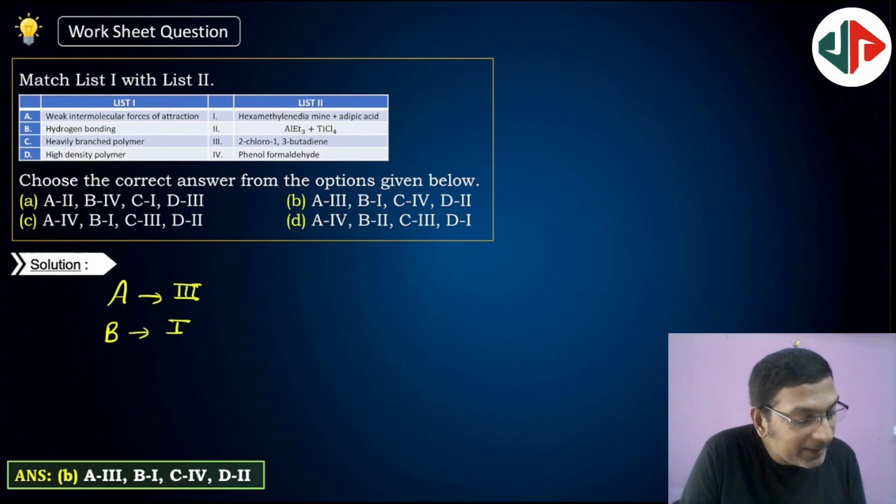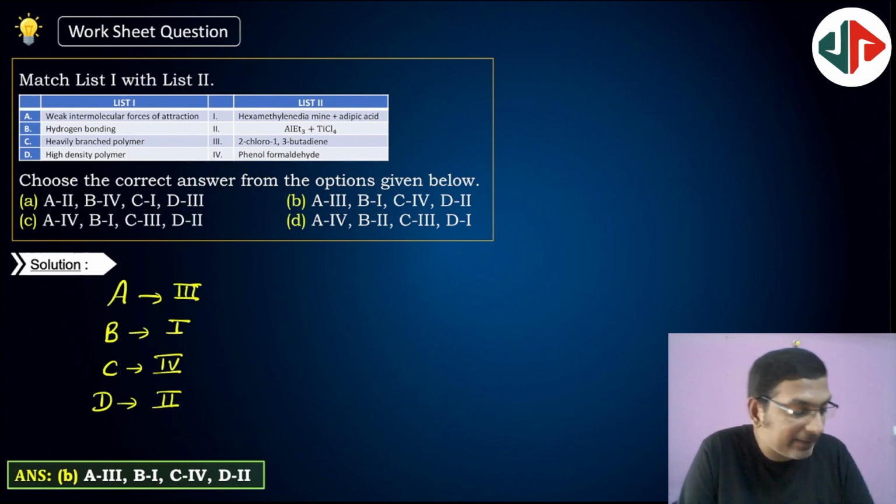Next, heavy branched polymer, C, means C, 4. Phenol formaldehyde is a cross-linked polymer. D, high density polymer, it can be prepared by Ziegler-Natta catalyst. 3142, option B. Next.